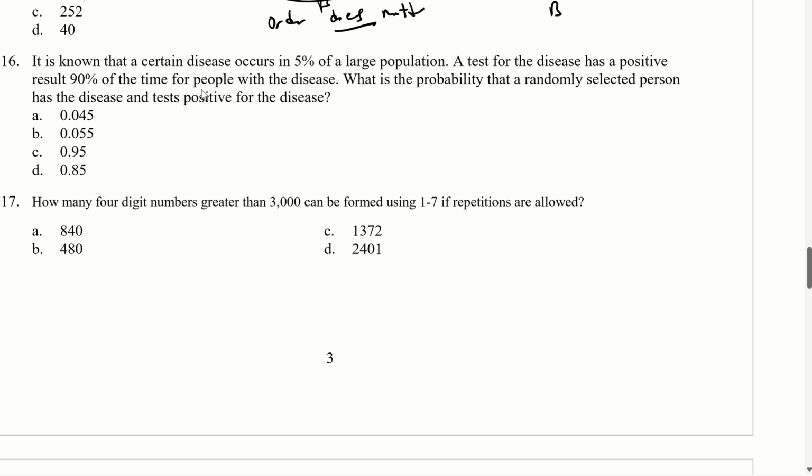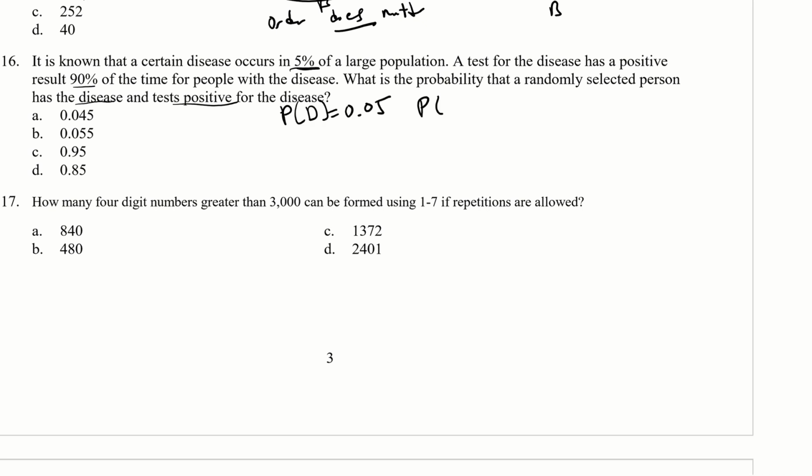All right, number 16. It is known that a certain disease occurs in 5% of a large population. A test for the disease has a positive result 90% of the time for people with the disease. What's the probability that a randomly selected person has the disease and tests positive for the disease? The probability of disease is 0.05.